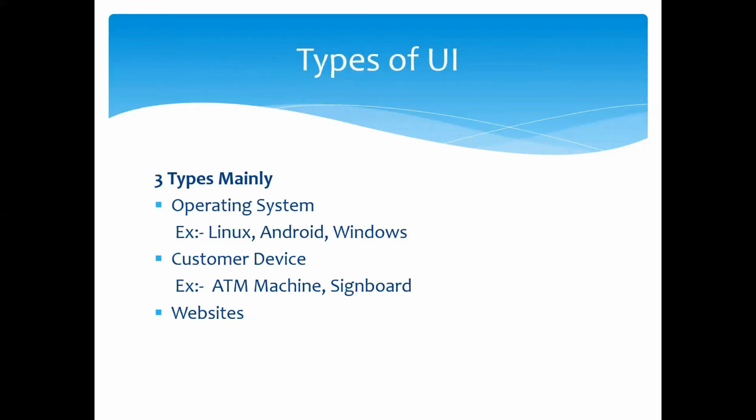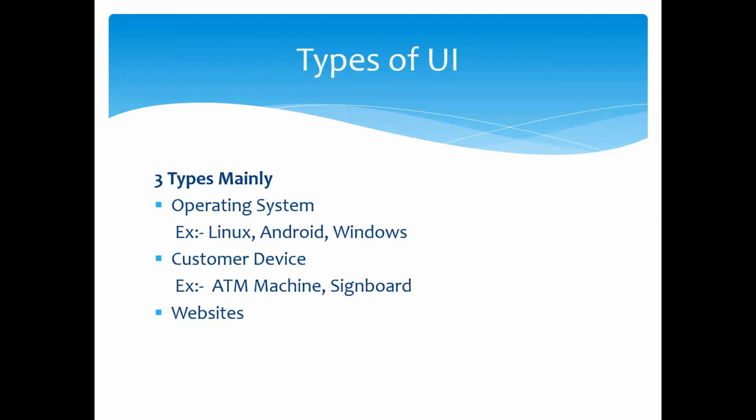After manufacturing, the laptop is only at the command prompt. We cannot find any folder or file, and we cannot interact with it. After installing an operating system, let's say Windows or Linux, we can see all the files, browse the internet and use the machine. This is the first type of UI, the operating system.